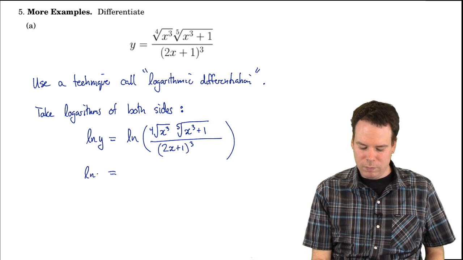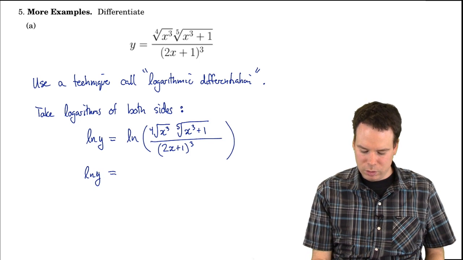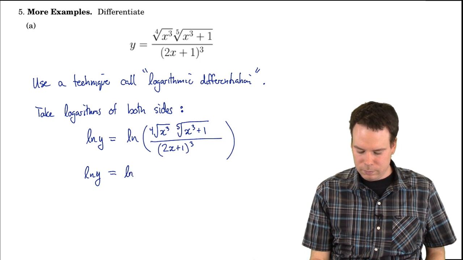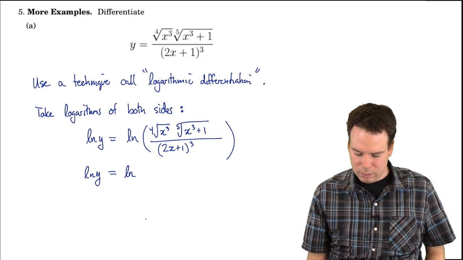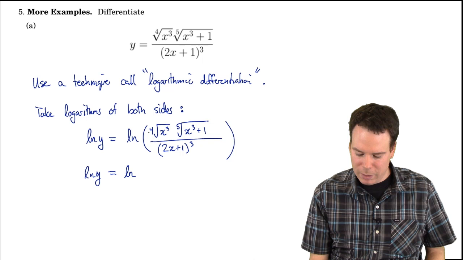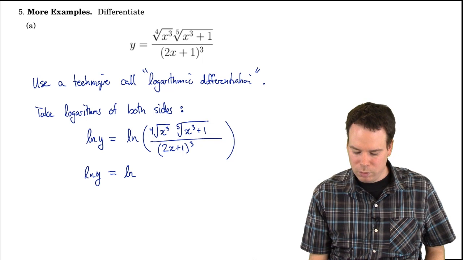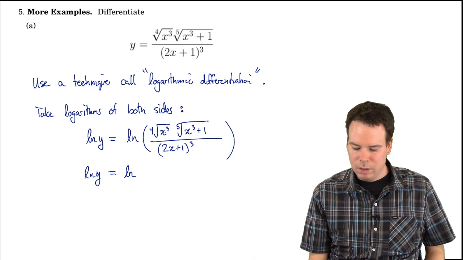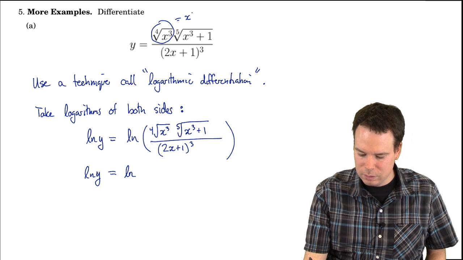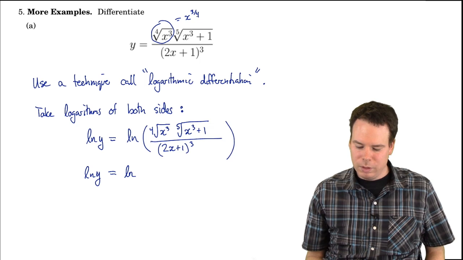Now we can use properties of logarithms to rewrite this expression on the right. It's a quotient, so that means I can write it as a difference. But the top's a product, so I can write that as a sum. And the top involves powers. Notice this fourth root of x cubed is really just x to the 3/4. So that's really a power.